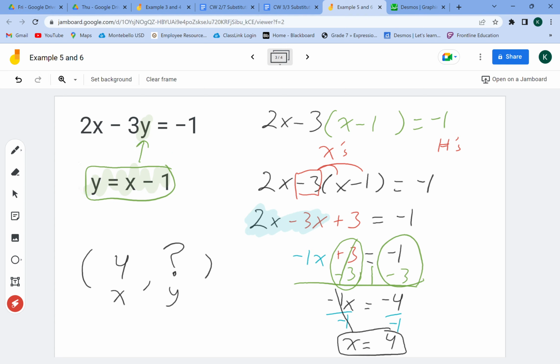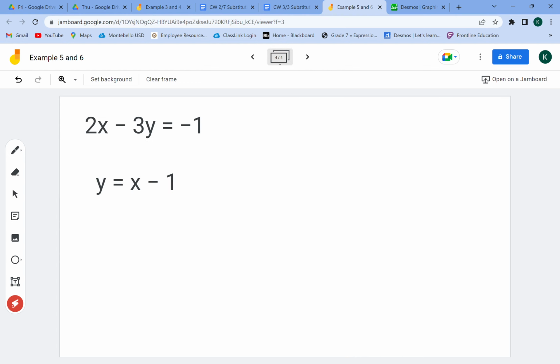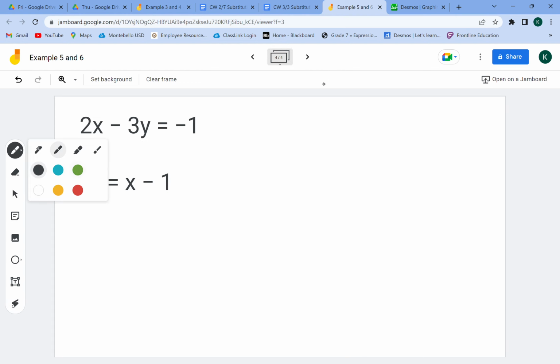Just for convenience's sake, I'm going to plug it into the second equation here. Let x equal 4.